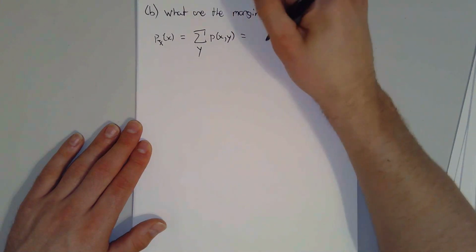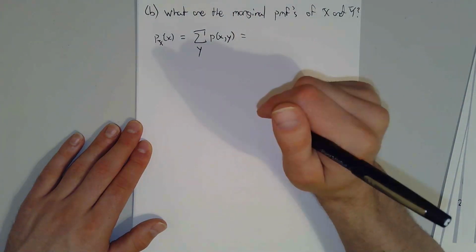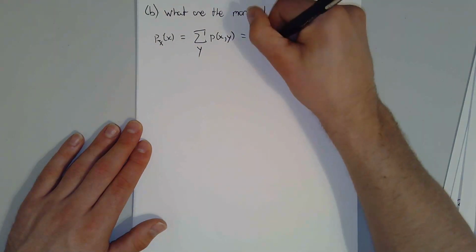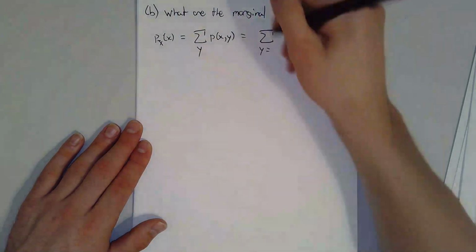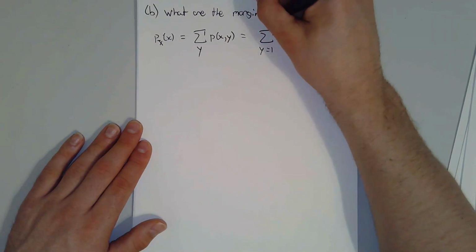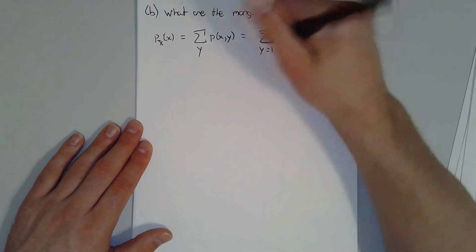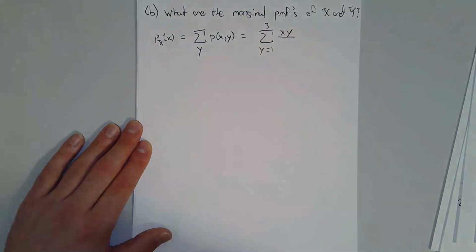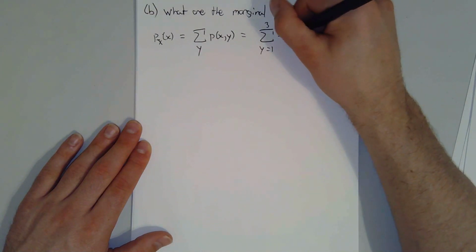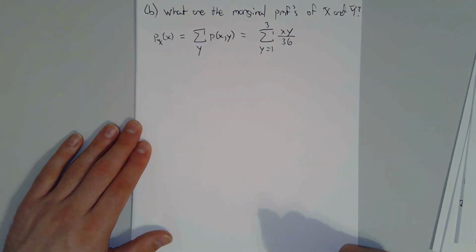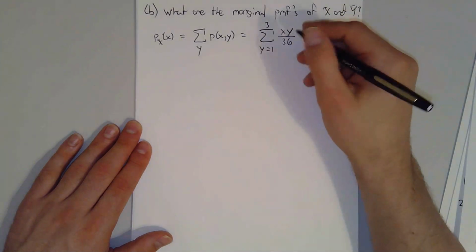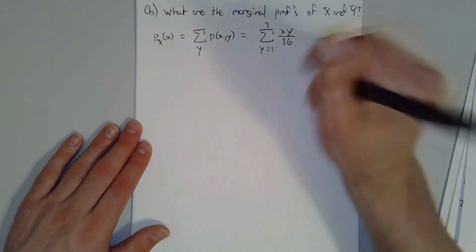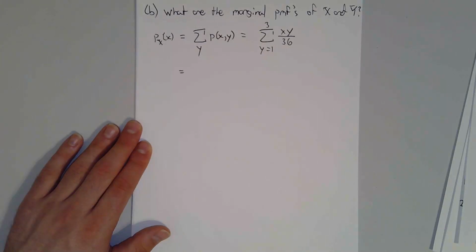In this case, the possible y values in which our joint PMF is non-zero are y equal to 1 to 3, and the PMF is x times y divided by 36. Summing this up, x over 36 is constant, so it can be pulled out of the sum.